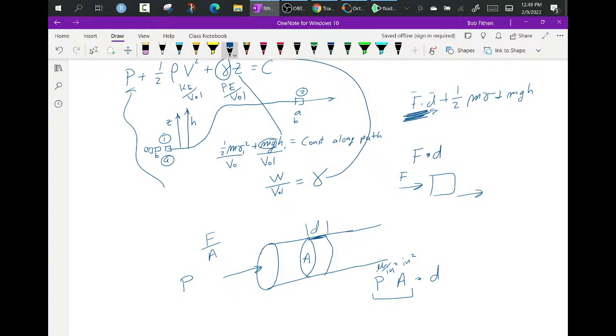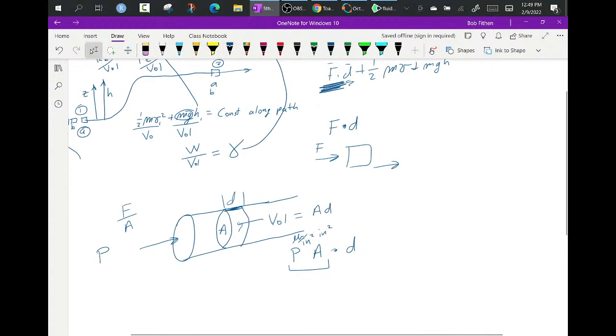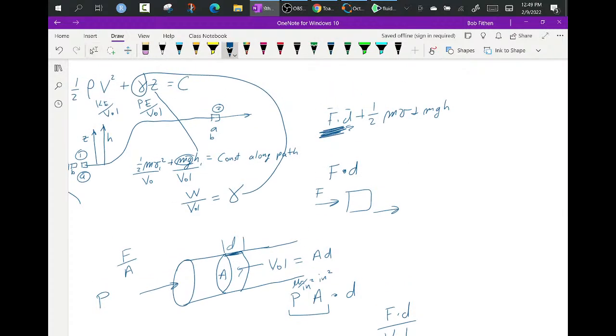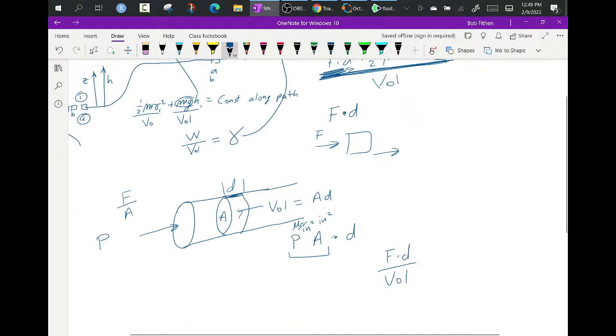Now, if you look at this thing and you say, hey, wait a minute, I got a certain volume here. The volume is A times D. So it sounds weird, but F dot D per unit volume. Remember, to get Bernoulli's equation, we took the energy equation and divided by the volume. Well, F dotted with D would be P times area dotted with the D that you moved.